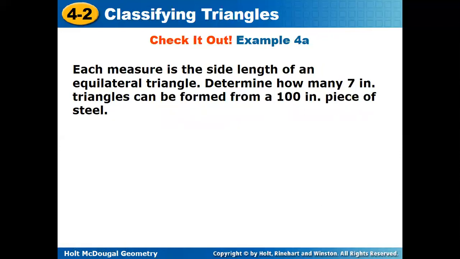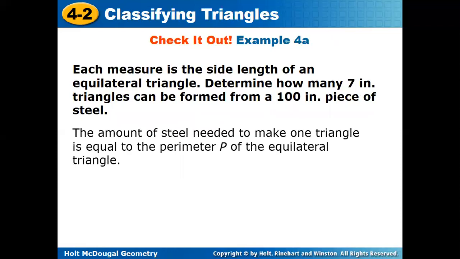Now solve, check it out, and let's check the answer. Don't forget to stop the video. Yes, welcome back. The amount of steel needed to make one triangle, we said calculate the perimeter of the equilateral triangle, which is 3 times 7 equals 21 inches.